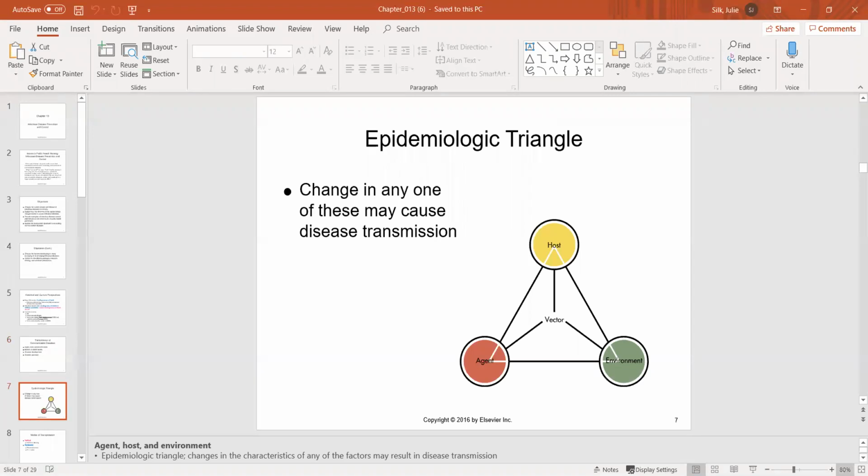For example, if there's a change in the environment, like a change in temperature, that could cause you to get sick. Or maybe the host has a decreased immune system, and that causes them to get sick. So there are different things that can happen.